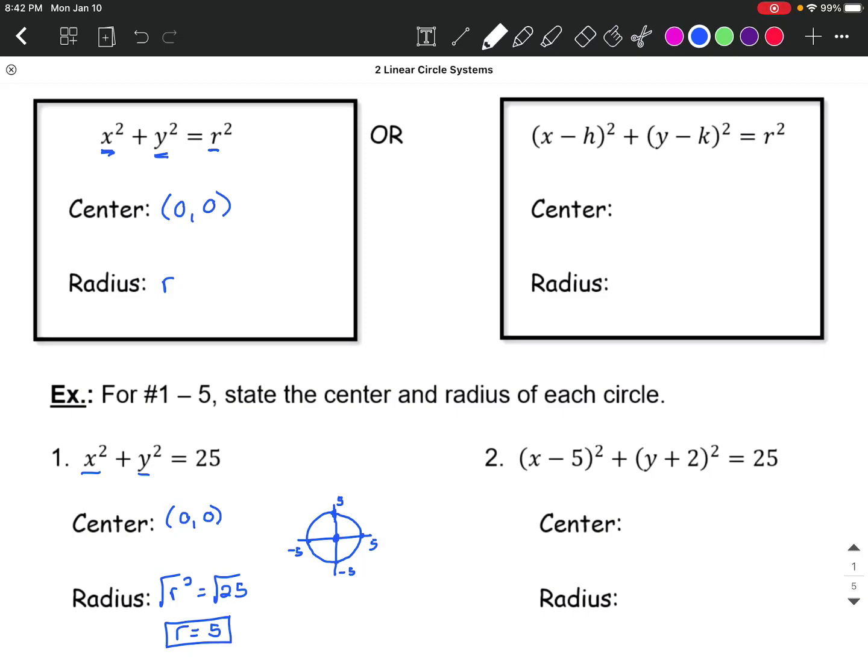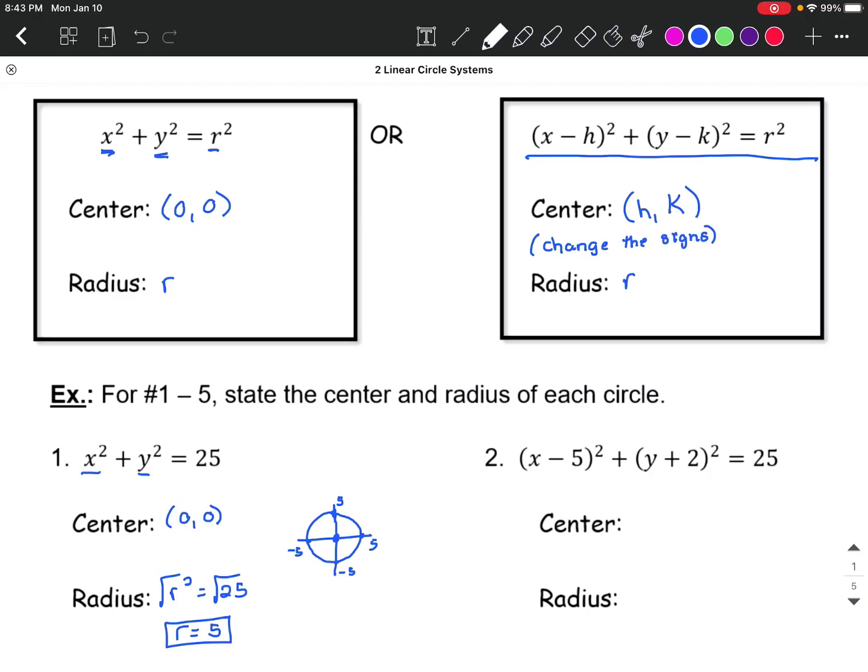That's it. Now, if you have parentheses and there's subtraction or addition happening, look at this form of the equation. The center now is what you are subtracting from x and what you are subtracting from y. You have to change the signs of the numbers. And the radius is still r.